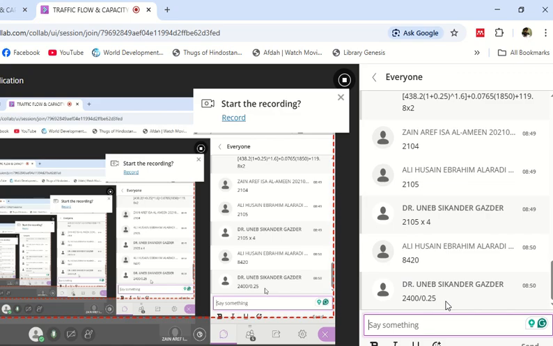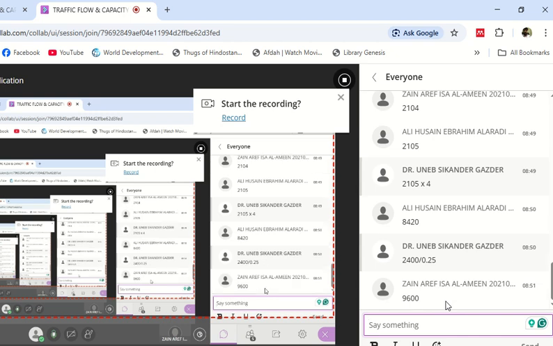So how much is this? Okay, so my capacity is less than this value, so I can proceed with this one.